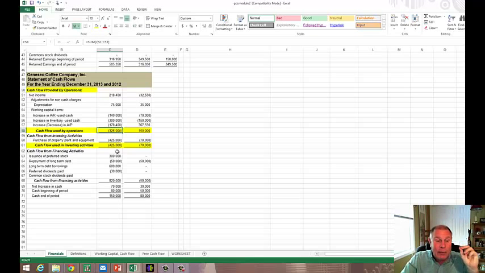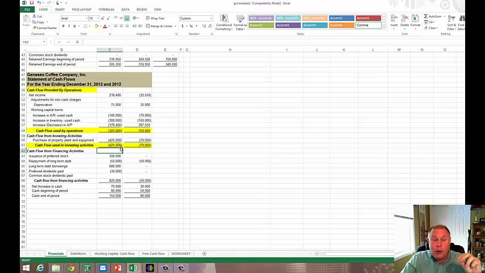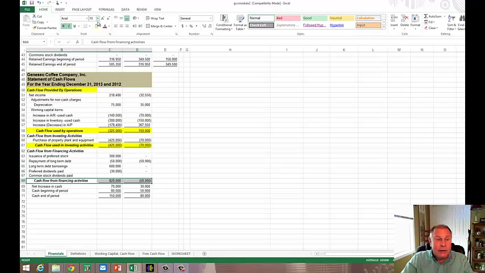So they had to somehow come up with enough money to pay for that. Well, they issued preferred stock. That generated $300,000. They paid back long-term debt, and then they borrowed $600,000, with $30,000 of dividends. So financing activities provided $820,000.